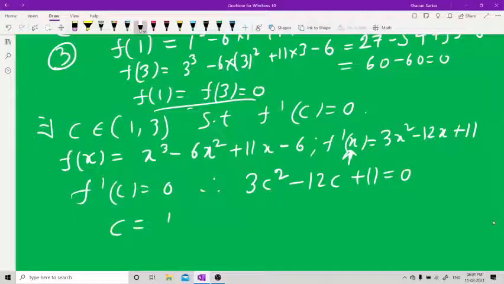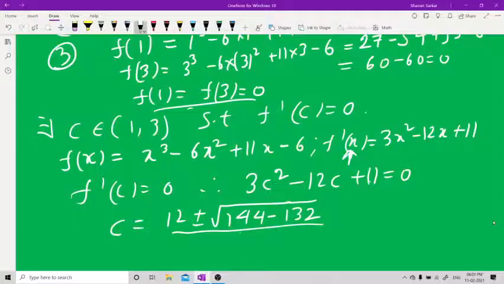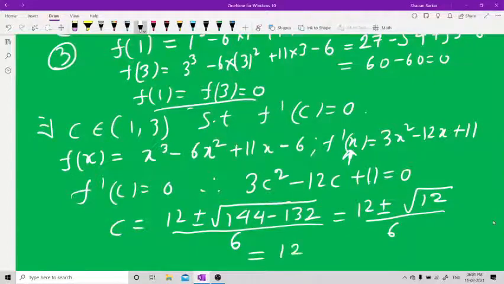C is equal to 12 plus minus under root 144 minus 4ac, 33 into 4, that is 132, upon 6. That is 12 plus minus 2 under root 3 by 6.